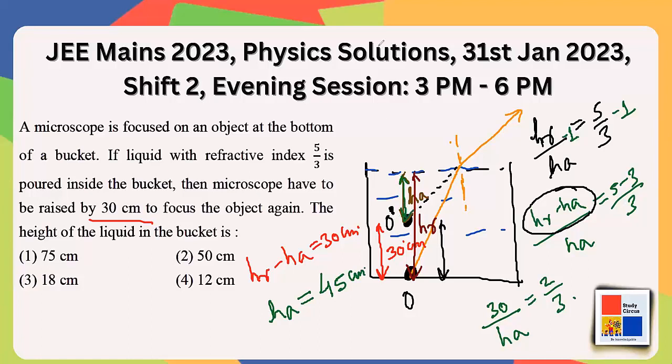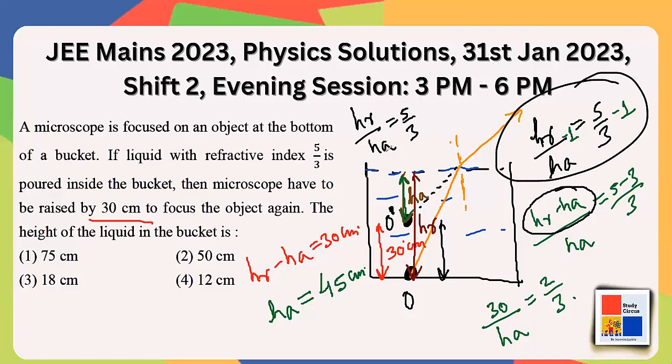Now let's see what the question is asking. The height of the liquid in the bucket is basically the real depth, HR. We had HR upon HA equal to 5 by 3.